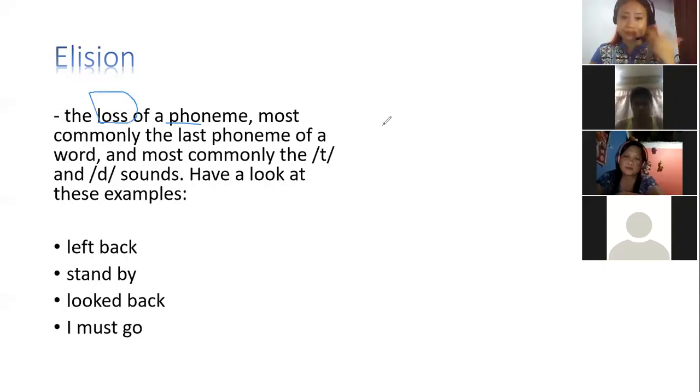It's lost. It's gone. For example, for these words, how can you pronounce it if the phoneme t and phoneme d is lost?